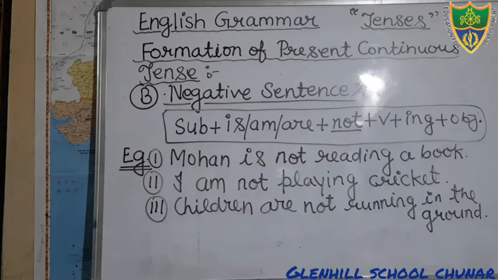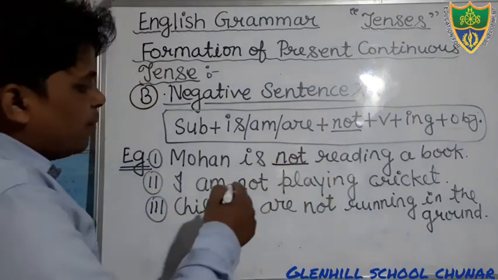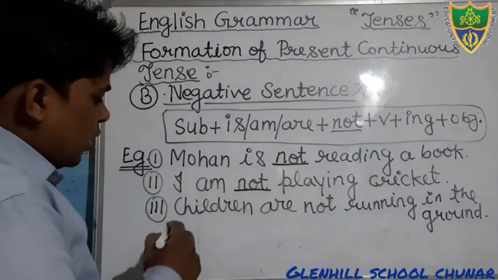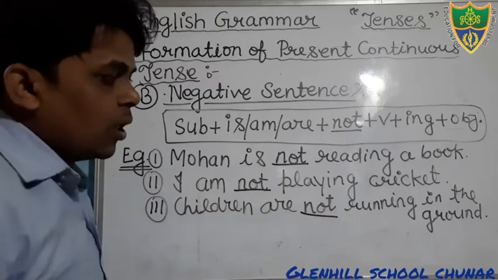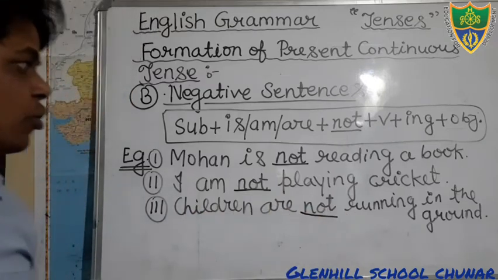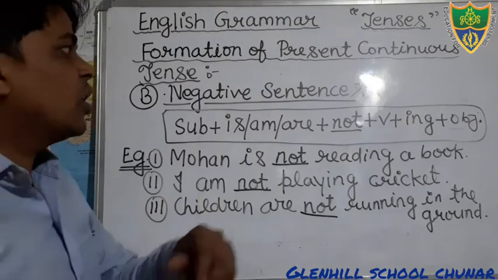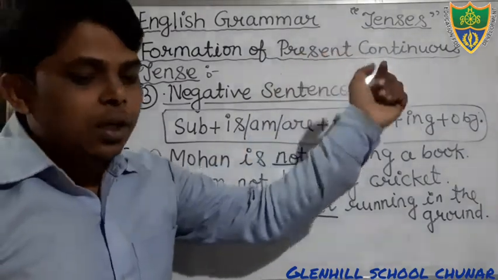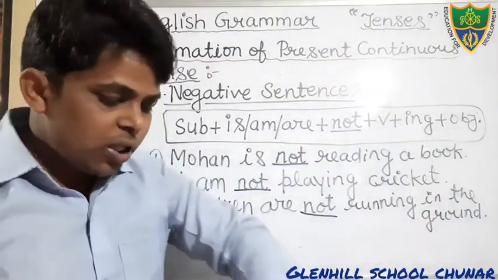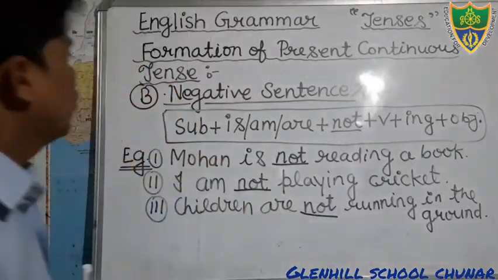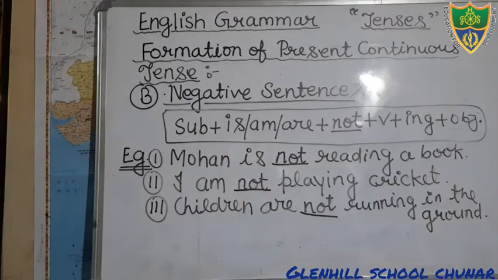This is a negative one. I am not playing cricket, and children are not running in the ground. Students, this is all about the negative sentences of present continuous tense. I hope that you all have understood the structure of negative sentences in present continuous tense.